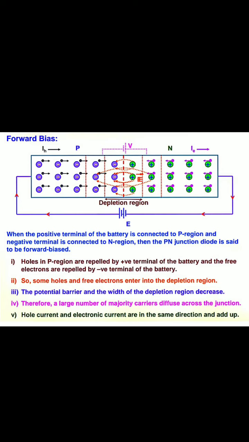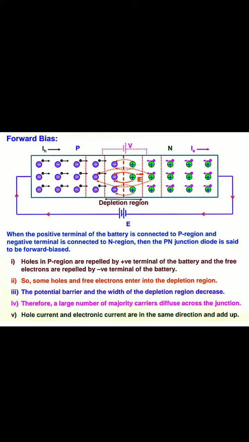Then holes in the P region are repelled by the positive terminal of the battery. Positive means holes, and the holes, the majority carriers, are already present inside the P side. So the battery positive and the holes repel each other, and due to that repulsion force the majority carriers inside the P move towards the junction.